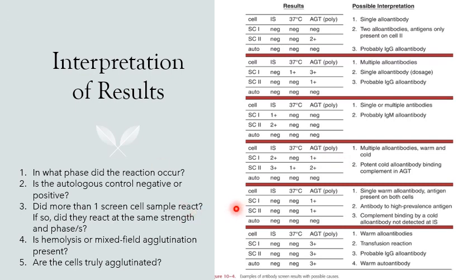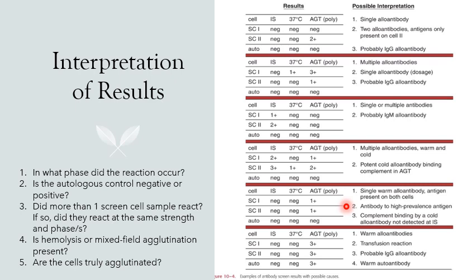Our fifth case shows that in screen cell number 1 and 2, there is a 1 plus reaction in the AHG phase, and then negative sa lahat ng iba pang phases. And then, autocontrol is negative in all phases. So, the possible interpretation of this case is that there is a single warm alloantibody, antigen present in both cells.